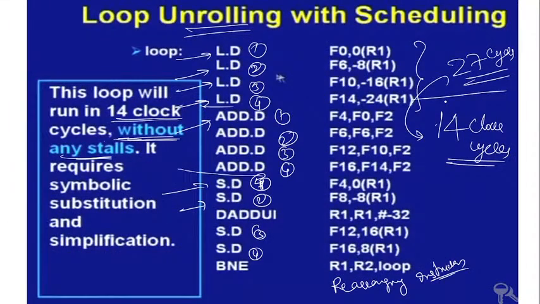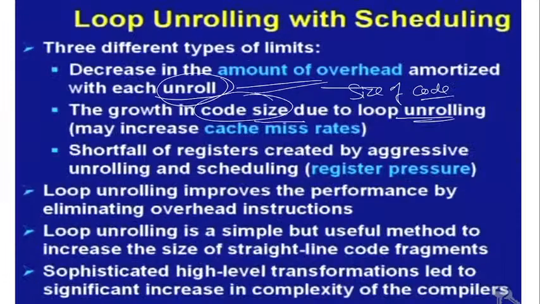You can see here, this particular size will increase due to the unrolling. Okay, and shortfall of registers. As we rename many registers, there is a shortfall of registers created by aggressive unrolling and scheduling. Because we use many registers, that is the register pressure.